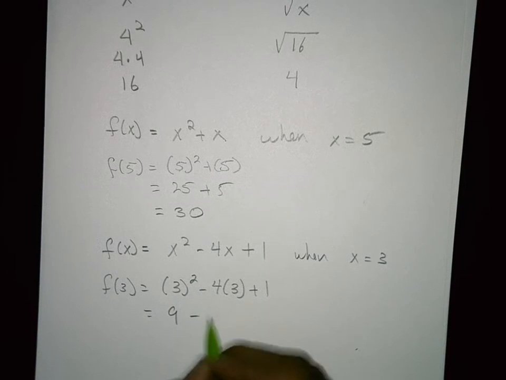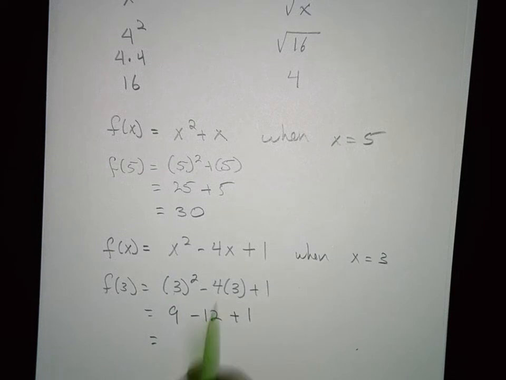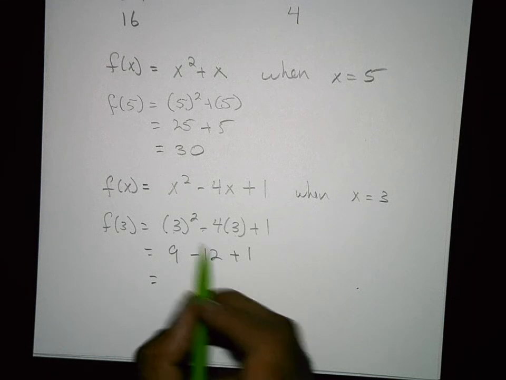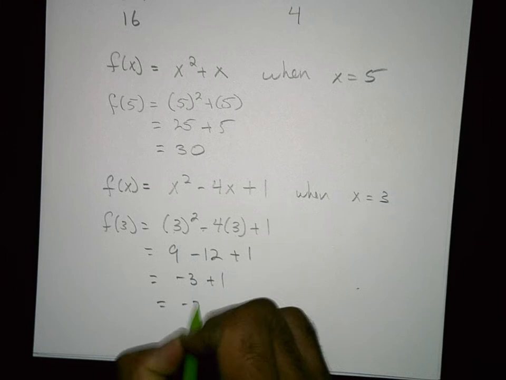That equals 9 minus 12 plus 1. 3 times 3 is 9, a negative 4 times a positive 3 is negative 12, and then combining like terms, this is negative 3 plus 1, and that's negative 2.